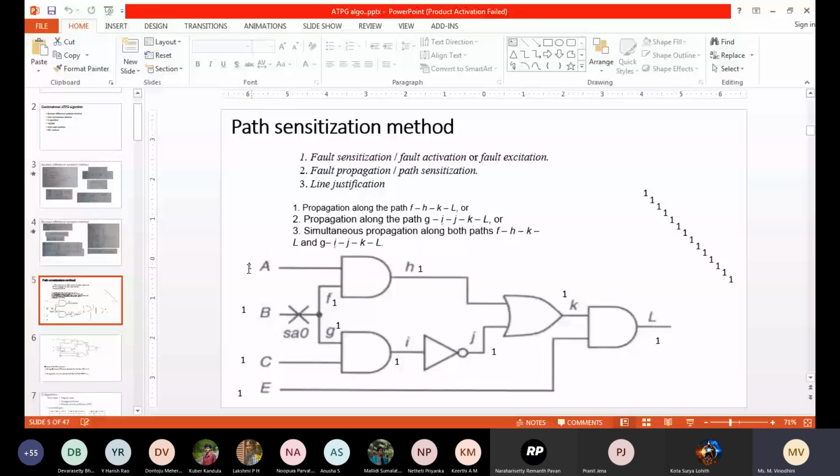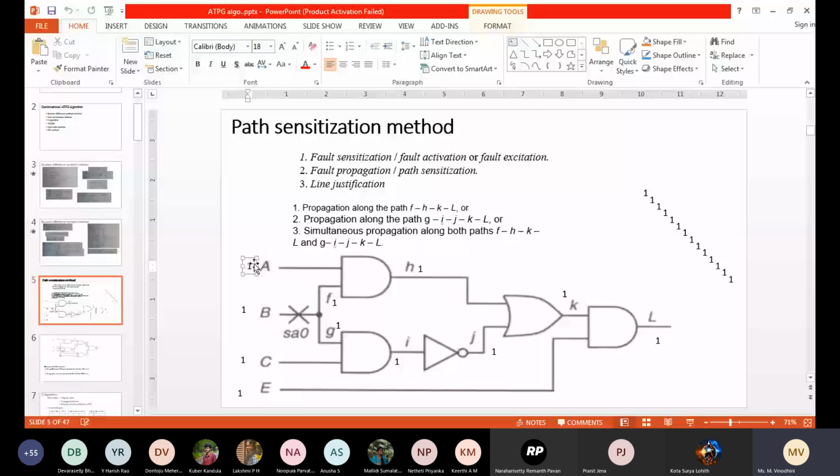Actually, you will be given only the blank circuit with the variables and the fault. Don't think that these values will already be present. I just added them to make the explanation easier. Is it clear, students?